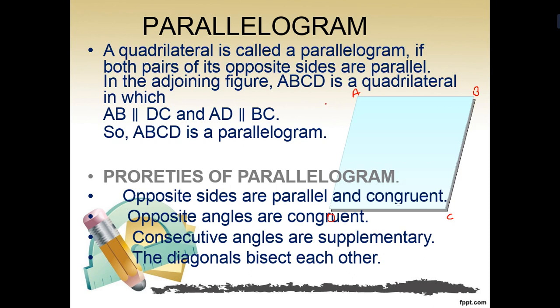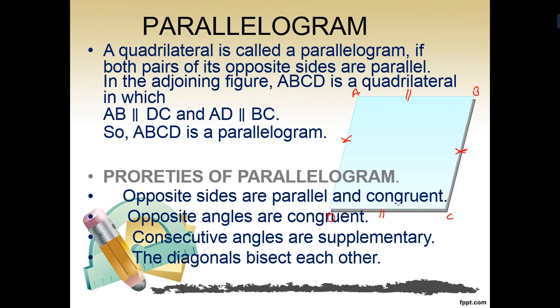In the adjoining figure, ABCD is a quadrilateral in which AB is parallel to CD and AD is parallel to BC. So ABCD is a parallelogram.